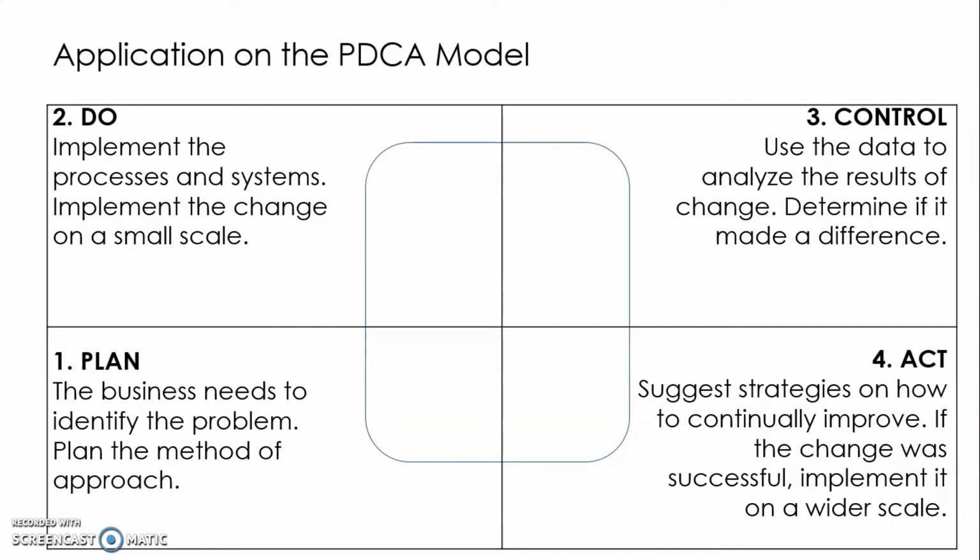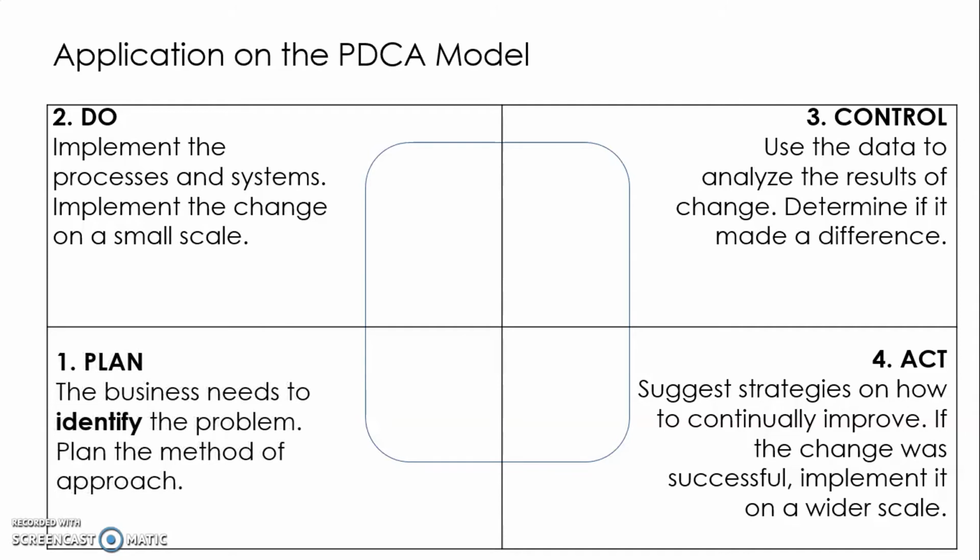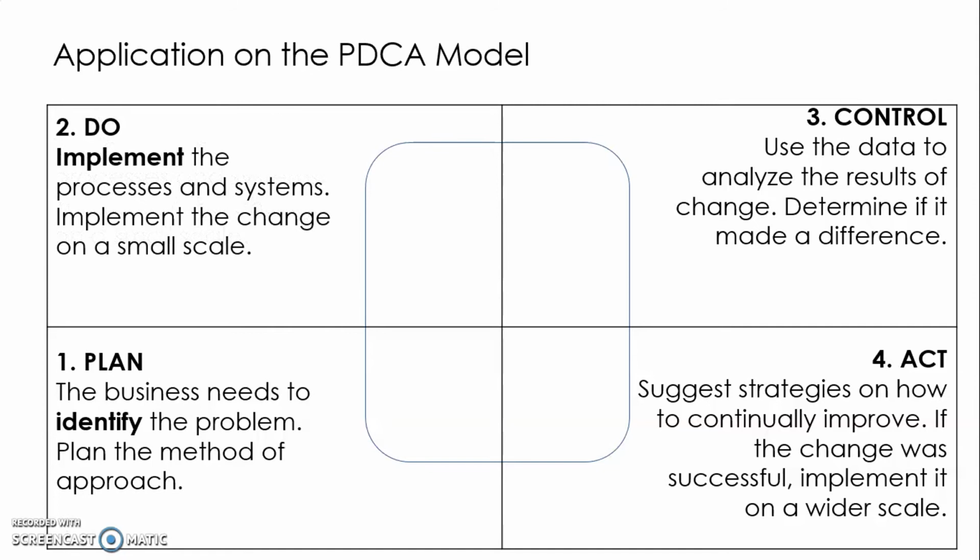Let's look at our keywords. For plan, the keyword here is identify. That word will hopefully make you remember the first letter, which is plan. Our second keyword is implement. When you implement something, you are doing something about the problem or the issue that you are trying to address.